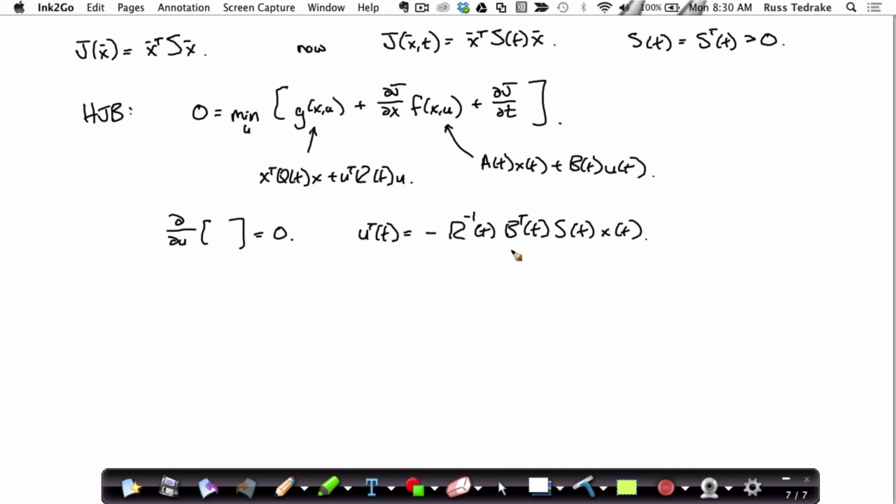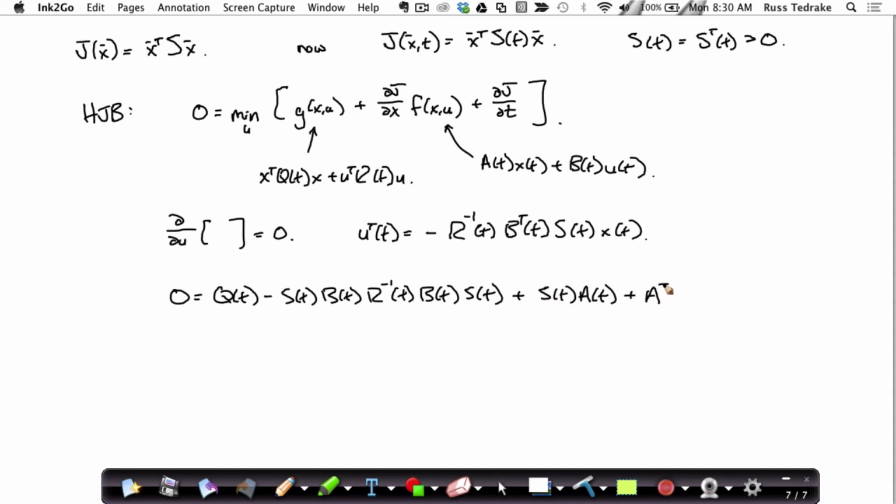And if you insert it back into the original equation, what you get out is the same thing plus one extra term.